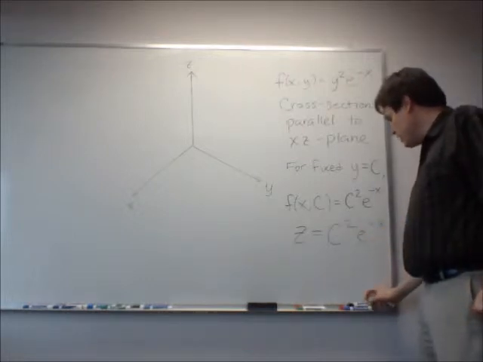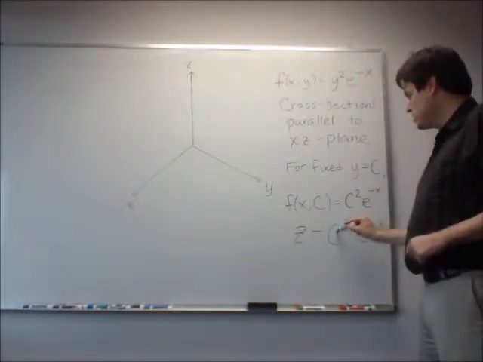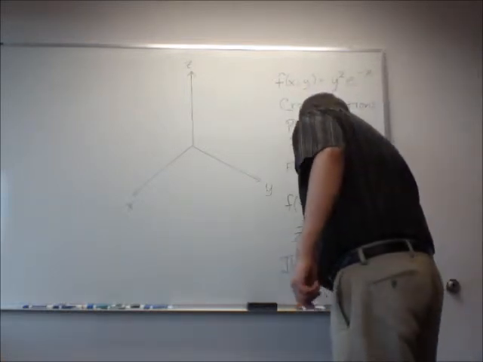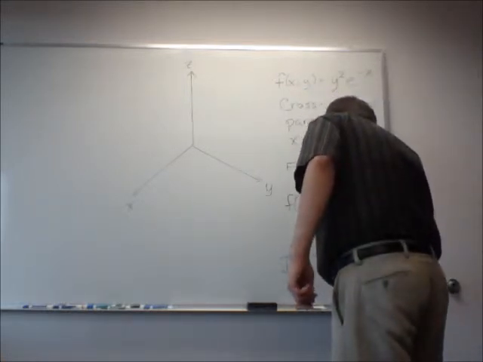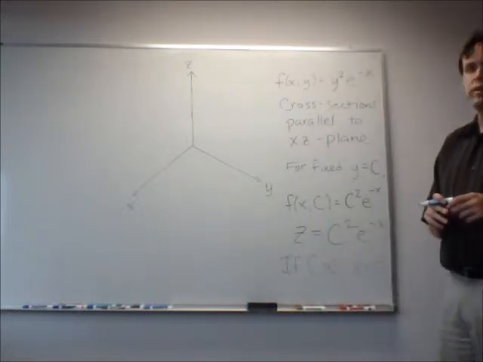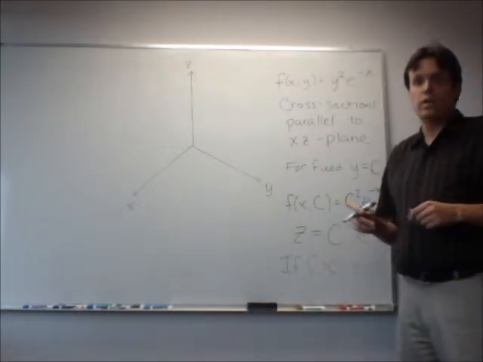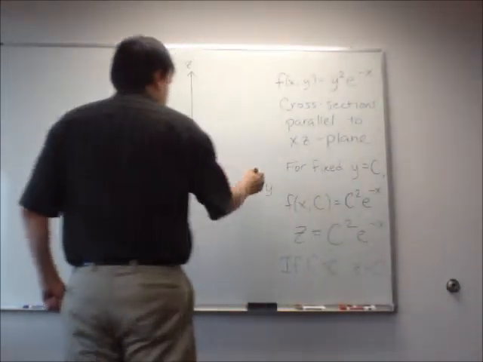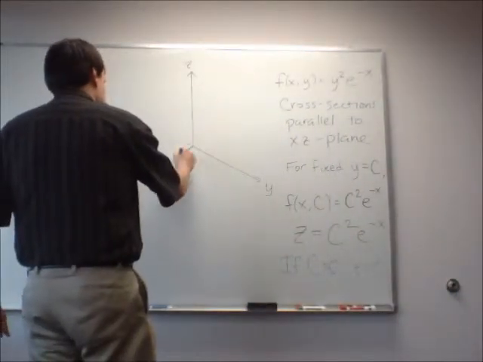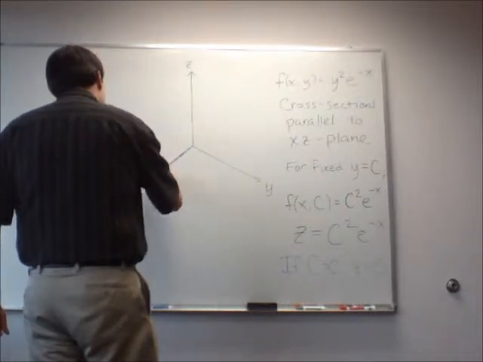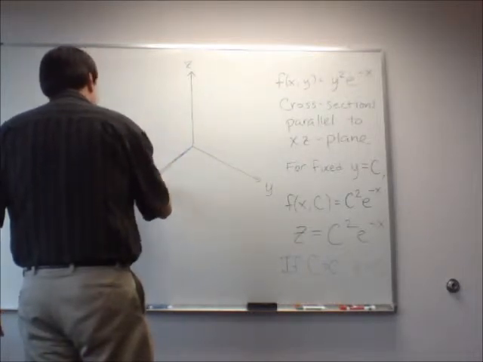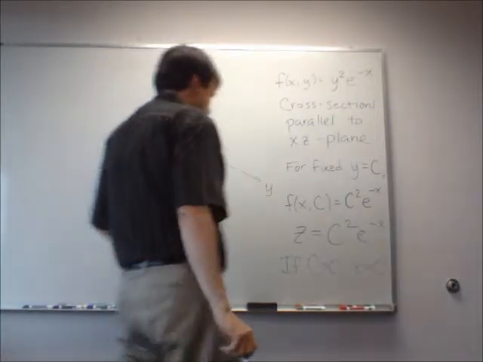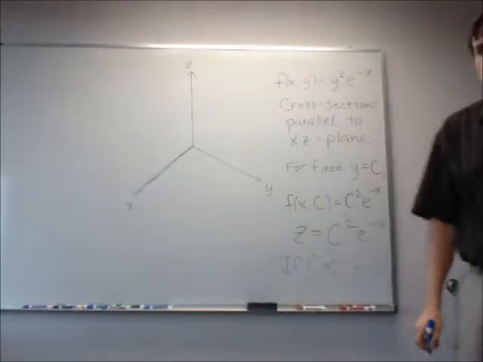In fact, since I know that when c is 0, z is equal to 0, I already know one curve, or one line actually, that's going to appear in my graph. It's going to be this line. So whenever y is 0, my z is 0. That means this graph is flat along the positive x-axis, and actually along the negative x-axis as well. So that line is part of my graph.